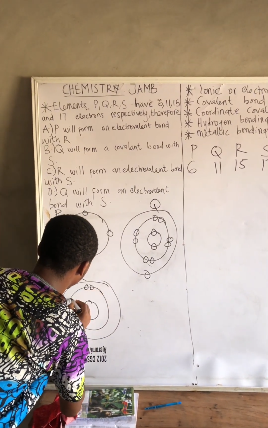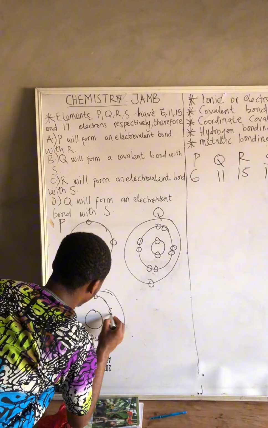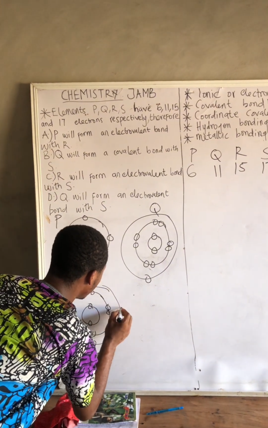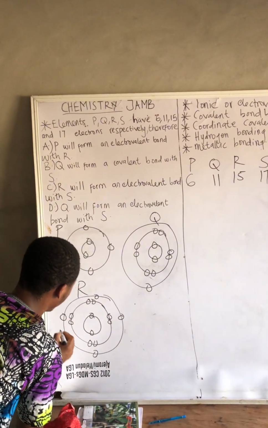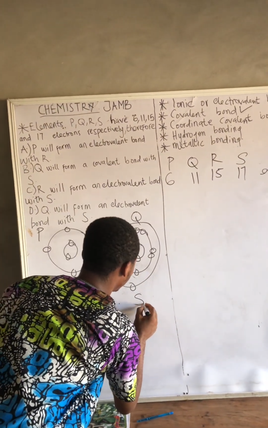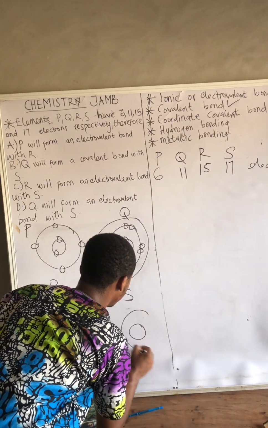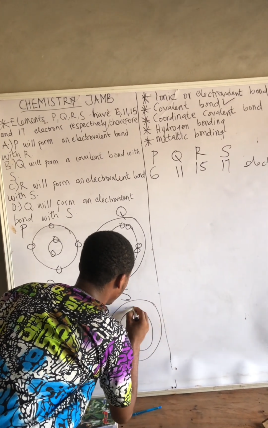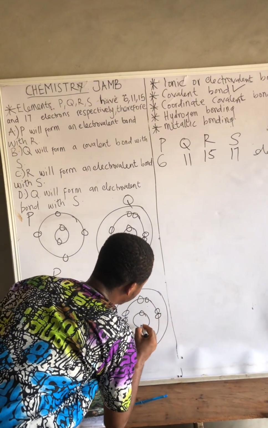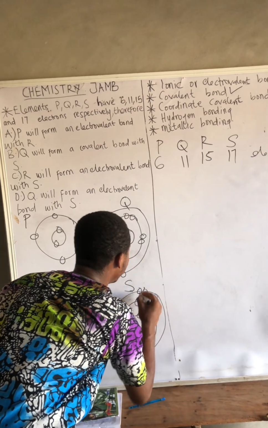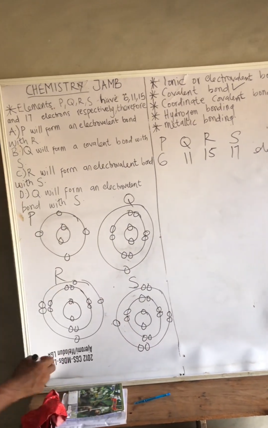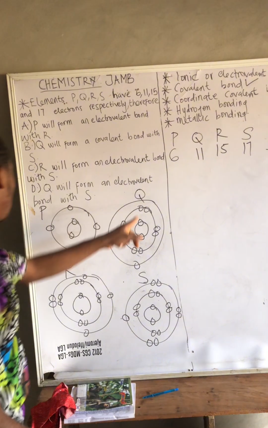So 1, 2, 1, 2, 1, 2, 1, 2, 1, 2. This is 10, so it will be remaining 5: 1, 2, 3, 4, plus 5. For S, it has 17. So that will be like this. I'm drawing this diagram so that you can find it really easy to understand. There is a very simple way I can do this, but I want every single person to understand this. So this is P, Q, R, and S.